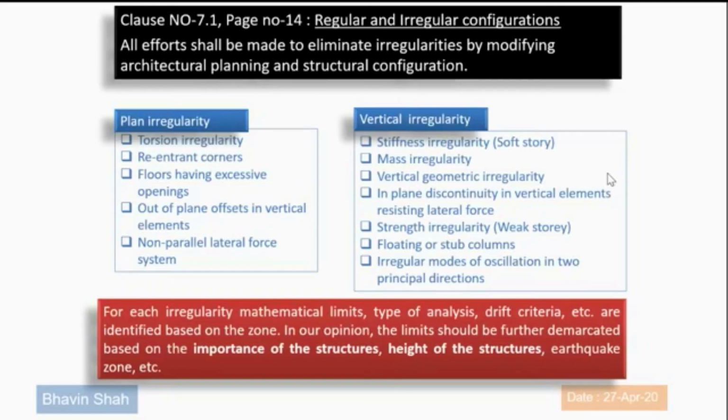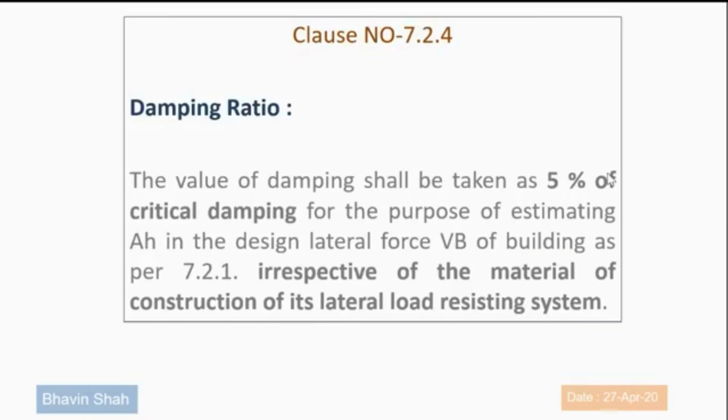In my opinion, these limits should be further demarcated, maybe based on the importance or category of the structure, the height of the structure, or the earthquake zone, and this can be done with respect to industrial structures. Damping ratio, as already discussed in the previous slide, is now 5 percent irrespective of the material of construction.